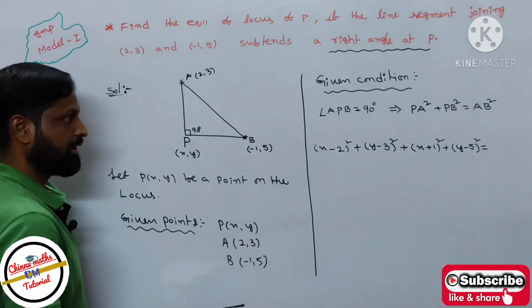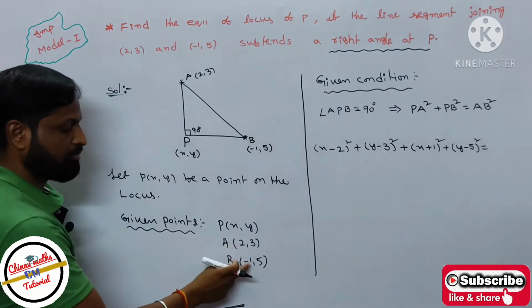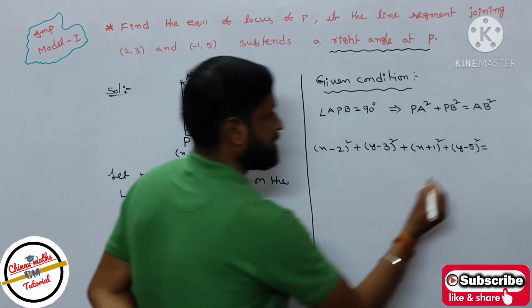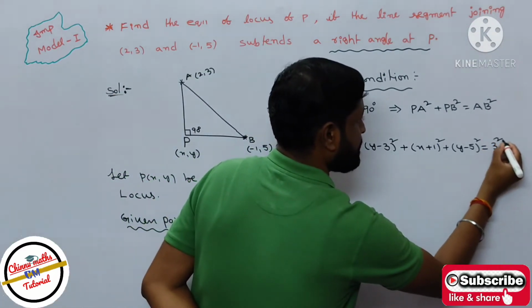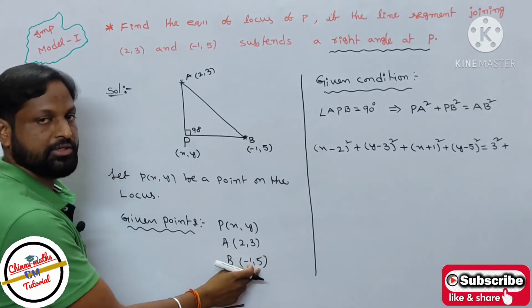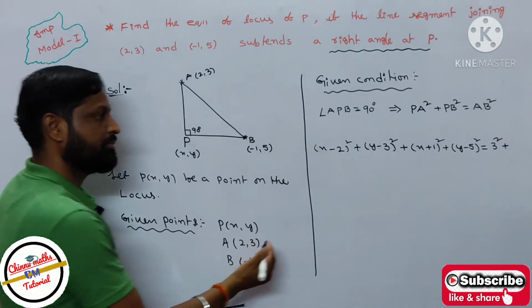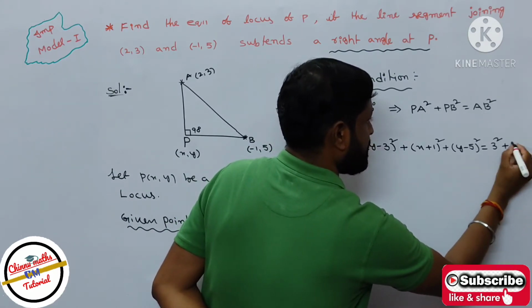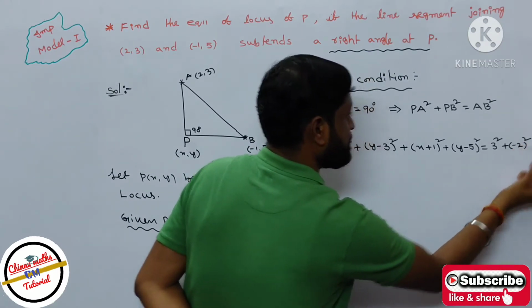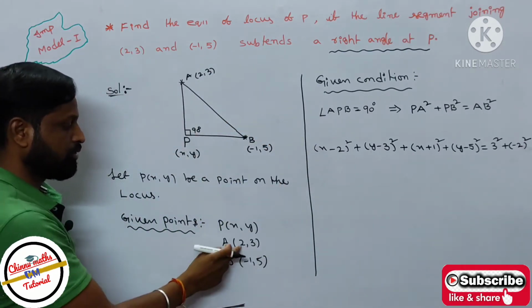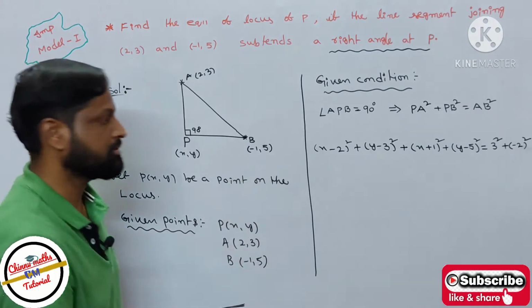So directly you have to write AB square: 2 minus of -1, that is 2 plus 1 equal to 3 whole square, plus 3 minus 5, that is equal to -2, -2 whole square means +4. So AB square is (2 - (-1)) whole square, that is +3 whole square, plus (3 - 5) equal to -2 whole square.